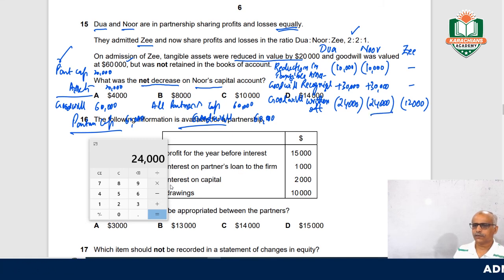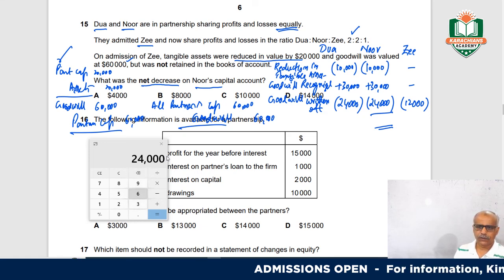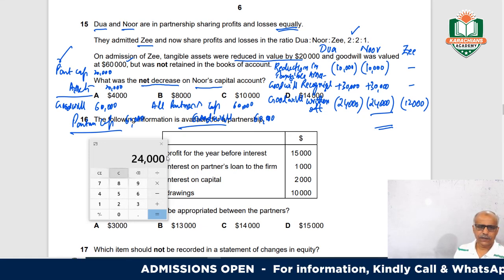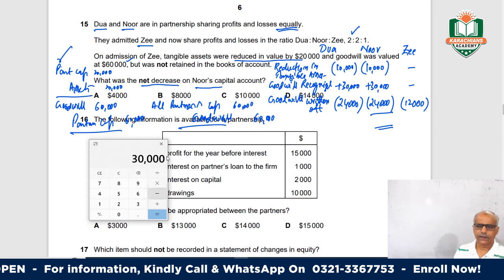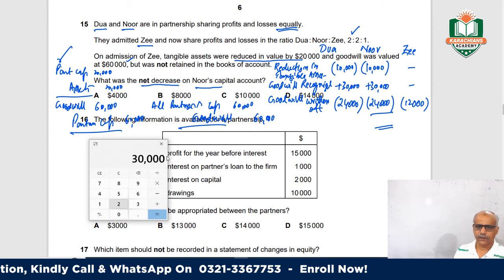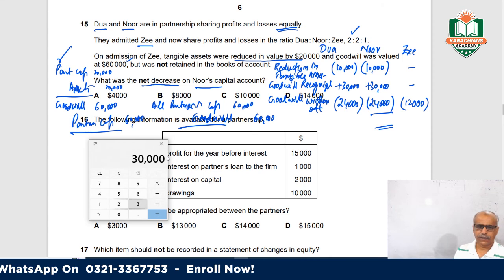So actually we have to give the impact on Noor. So 30,000 is increasing in his capital, and 34,000 is a decrease.